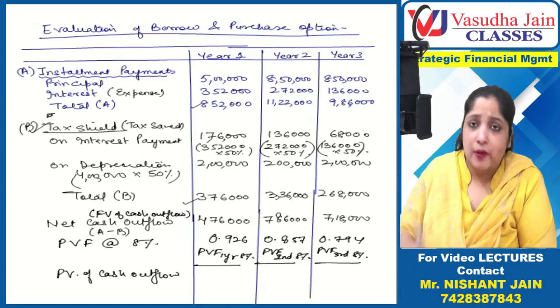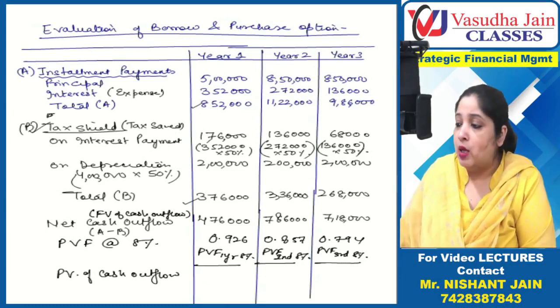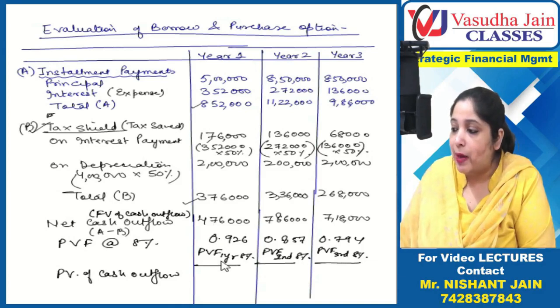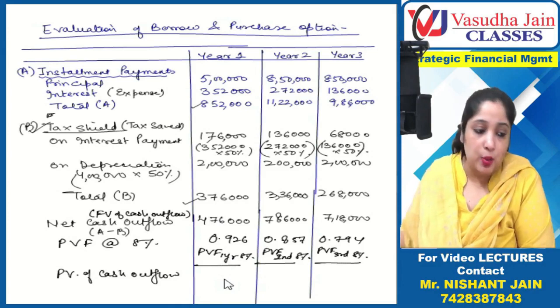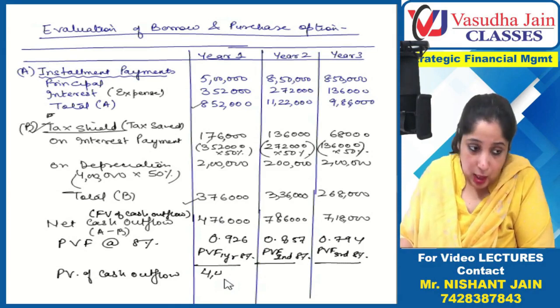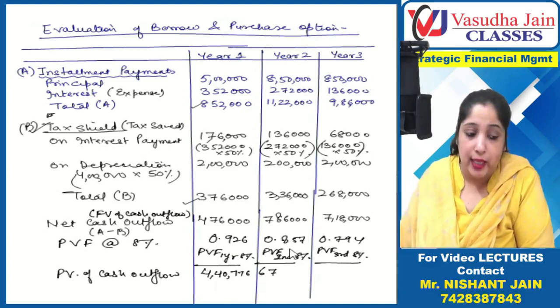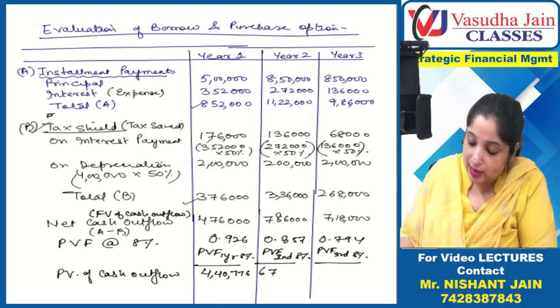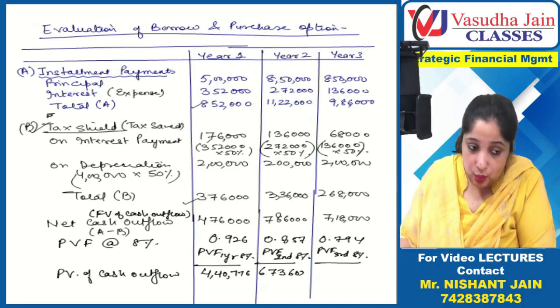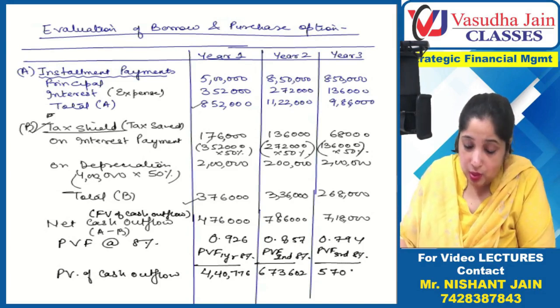Whatever the inflow or outflow is, you can find out its present value. You multiply with the present value factor. Basically 4,76,000's present value is 4,40,776. And if you multiply 7,86,000 with 0.857, how much do you get? 6,73,602, and 5,70,092.